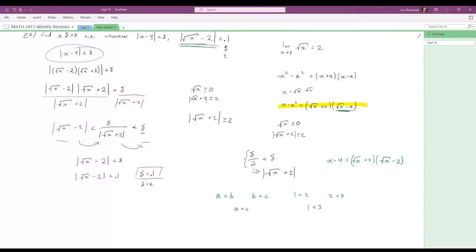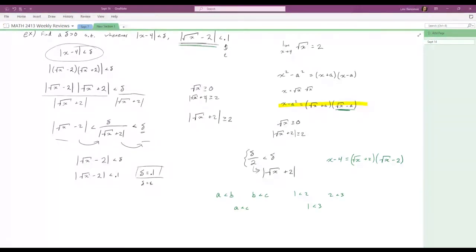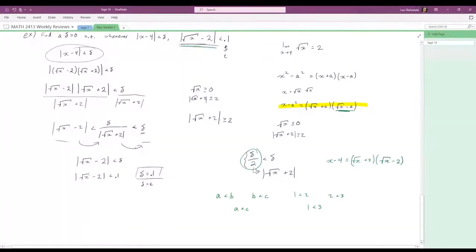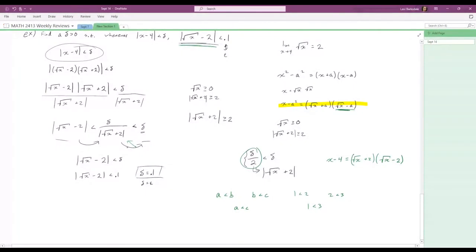Could I re-explain how I got delta over 2? This equation right here, I basically just created as an example to explain this more complicated one. Basically to say why delta over the square root of x plus 2 was smaller than delta itself. So this actually doesn't really have any relation to the problem we have.